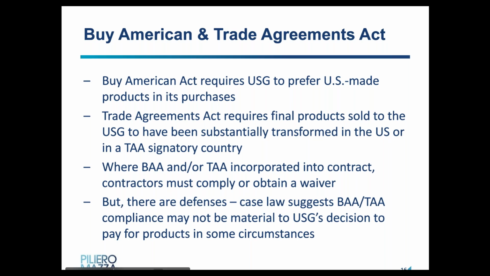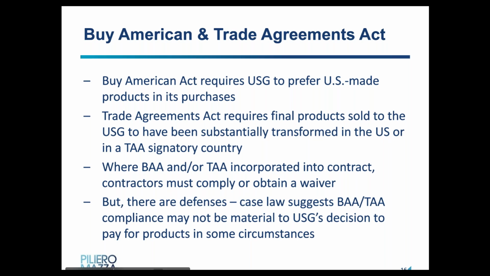Basically, the government has a lot of domestic sourcing preferences through the BAA. There's a preference for US-made products. Under the TAA, contractors can also provide products from certain designated countries if the products have been substantially transformed there. The important thing to recognize is that there are circumstances where the government can still end up purchasing products that are not from the US when BAA applies, or not from designated countries when TAA applies, under certain exceptions.